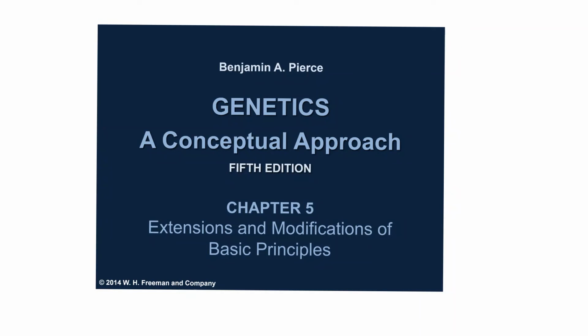In Chapter 5, we will discuss extensions and modifications of basic principles of inheritance postulated by Gregor Mendel. Although his principles of inheritance are still valid, they are not sufficient, or they cannot explain the inheritance of all genetic characteristics.